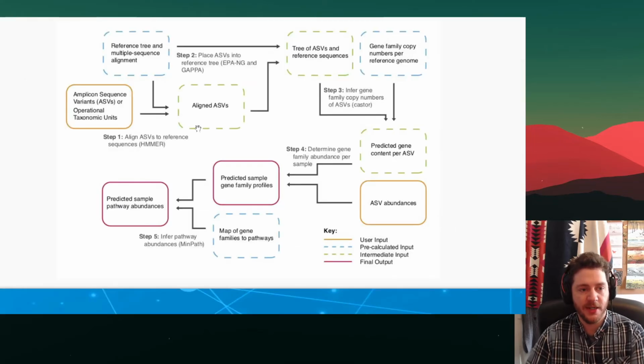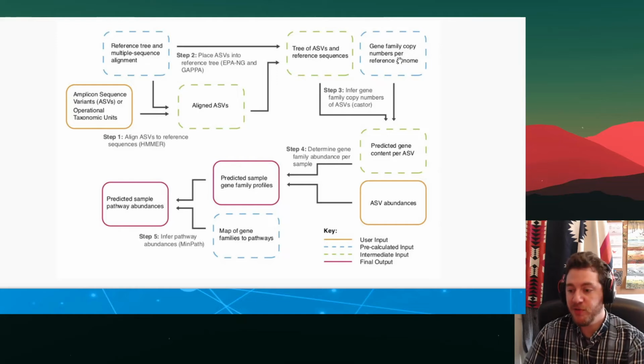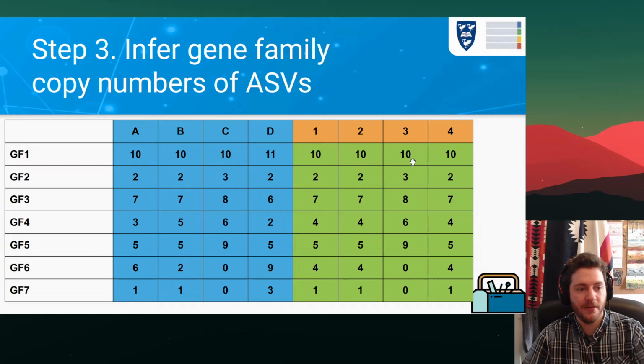So we aligned our ASVs, placed our ASVs into a reference tree, and now we have in our database our gene family copy numbers per reference genome. With this information in our reference tree, with now our ASVs in it, we're going to infer gene family copy numbers of ASVs to get predicted gene content per ASV. So let's say we have this table, we have gene families 1, 2, 3, 4, 5, 6, and 7.